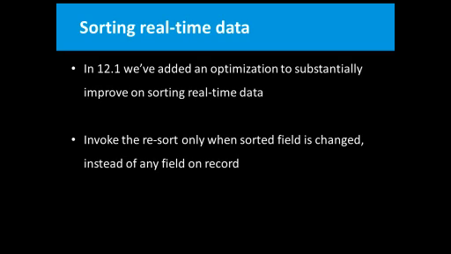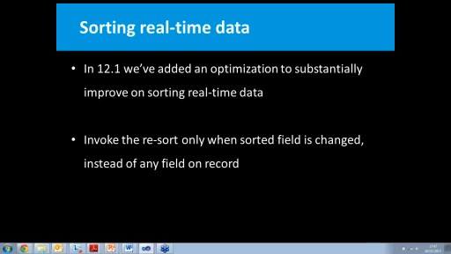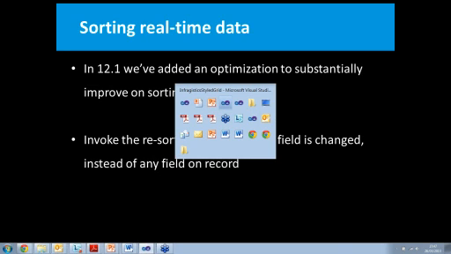Sorting real-time data. Let's say you have updates coming into a grid and the grid is sorted. Previously, before 12.1, sorting was applied on the whole grid, regardless of whether the column you had sorted on had changed, because there was no way to find out if the column that changed was the column you'd actually sorted on.